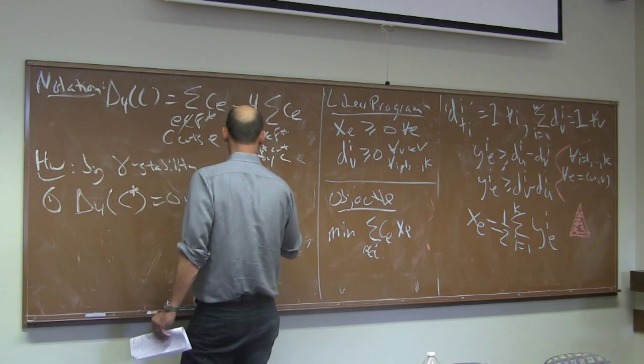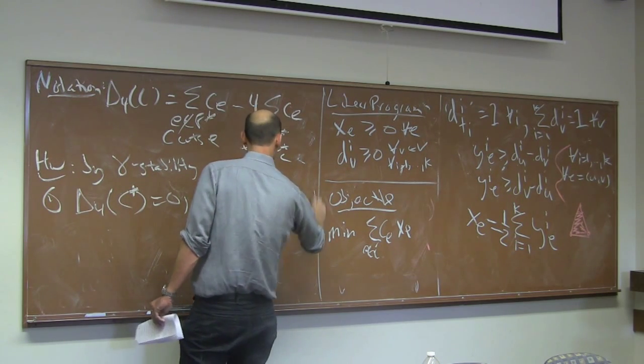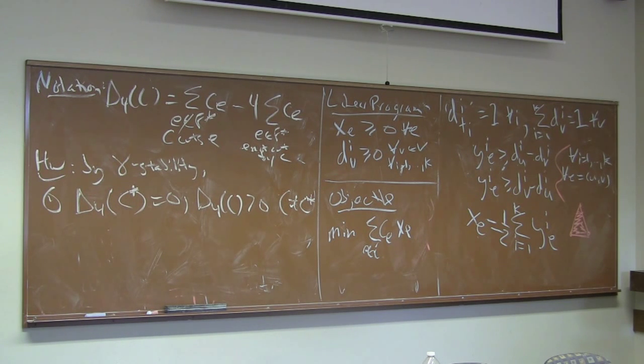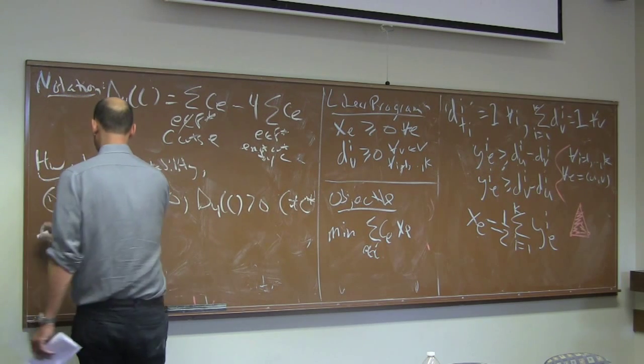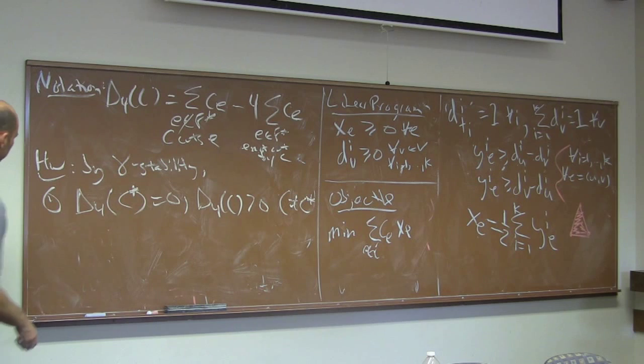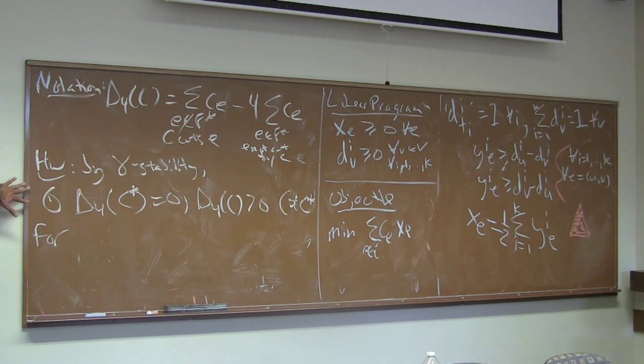And for anything else, it's strictly positive by gamma stability. Okay? Because C star beats C even after you've blown up the cost of all the edges in F star. Okay. So that's one thing, and this is where we're encoding the stability constraint.